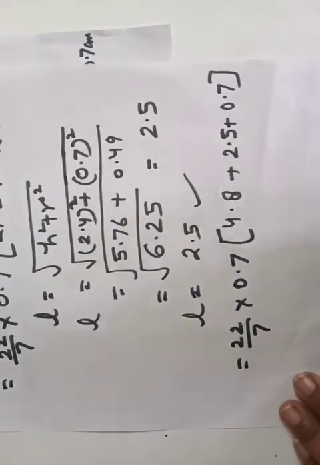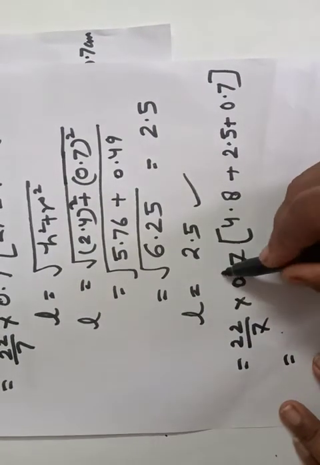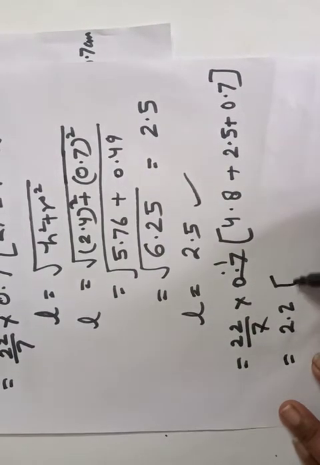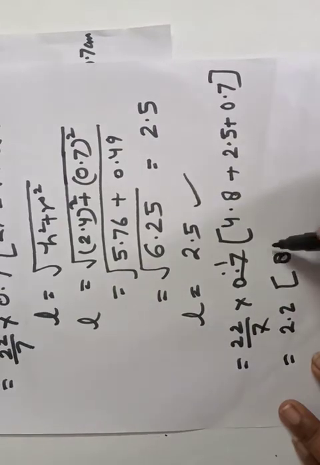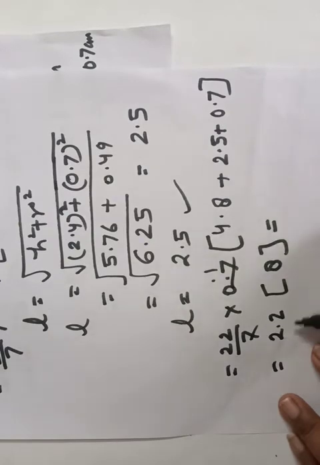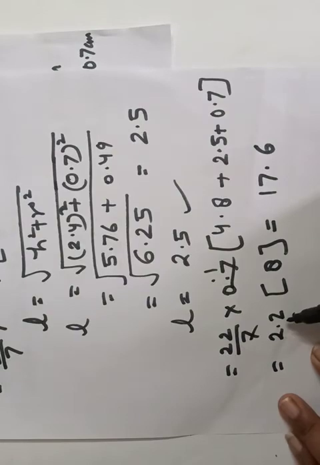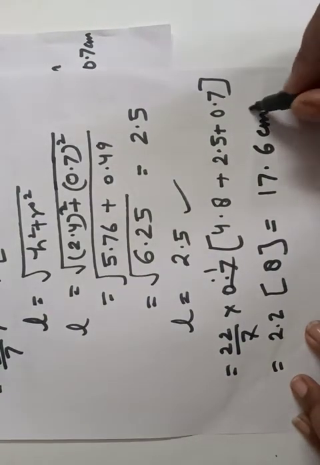Now calculate this: 0.1 into 22 gives 2.2, and the sum inside the bracket is 8. So multiplying 8 into 2.2 gives 17.6. That is centimeter square.